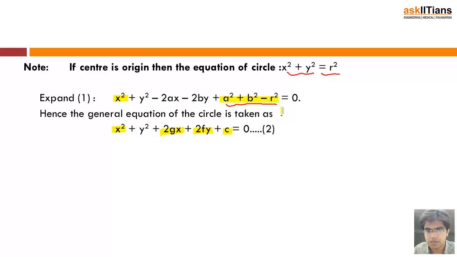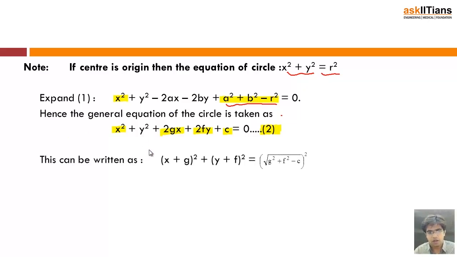That means c is the collective constant term. This is the most general equation of a circle. You can take any equation of a circle and you can represent it in this form or in the first form.